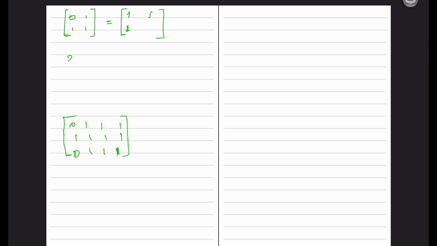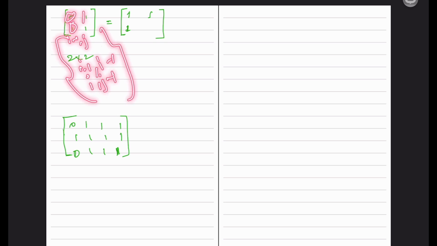So it can't form a 2 cross 2 matrix, because this is 0. Among these, the minimum is 0: i minus 1 of j, i minus 1 of j minus 1, and i of j minus 1. Whatever the minimum value is, you take it and add it to the array.